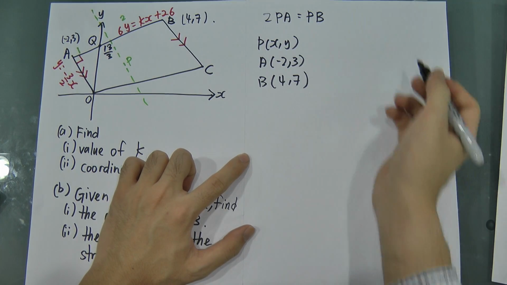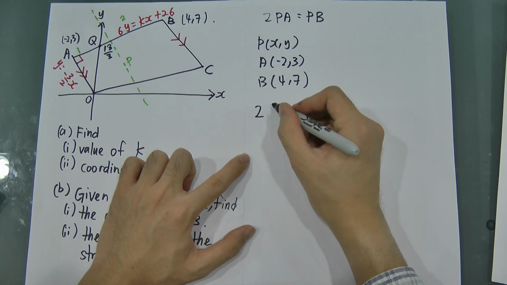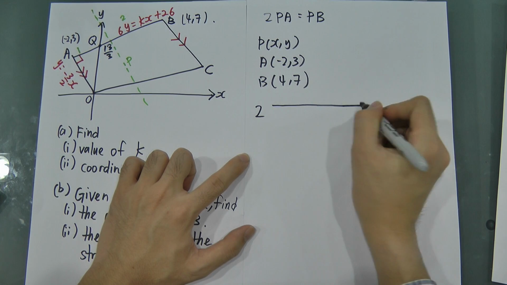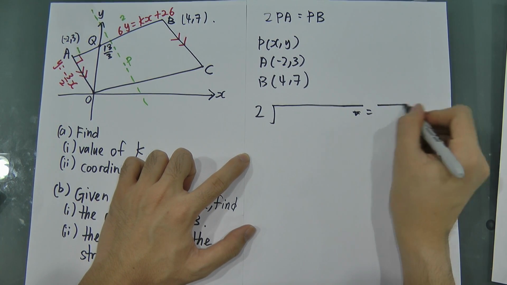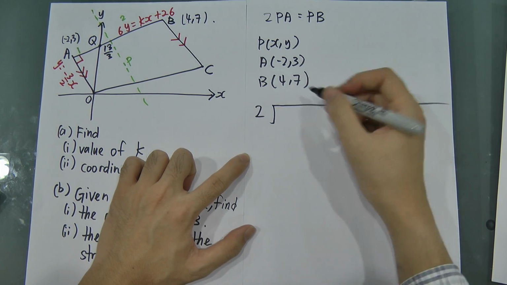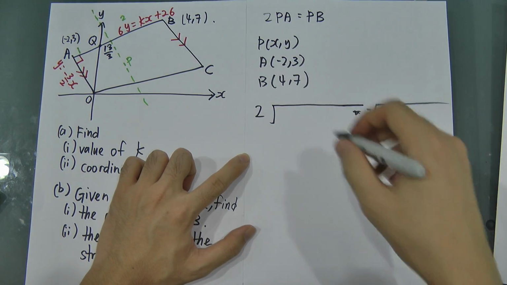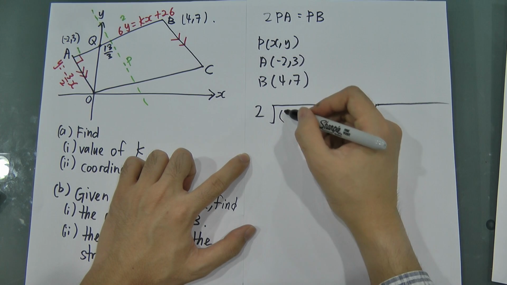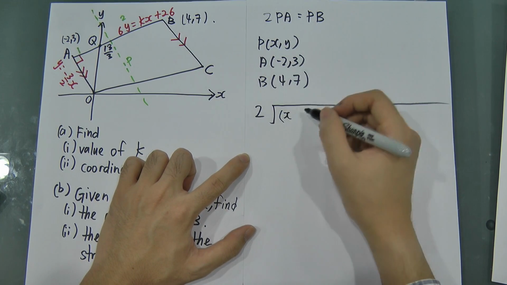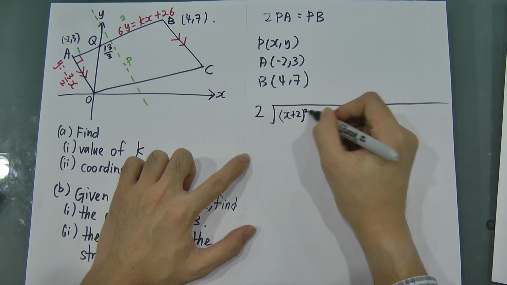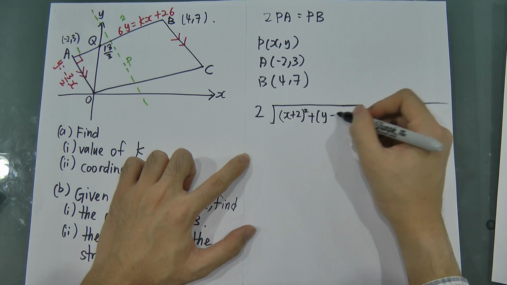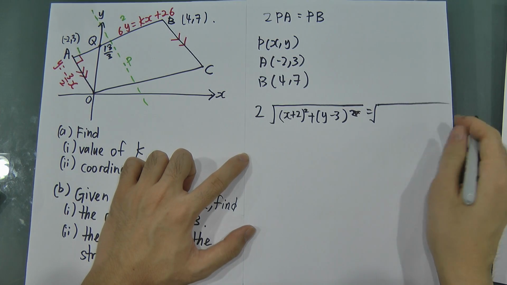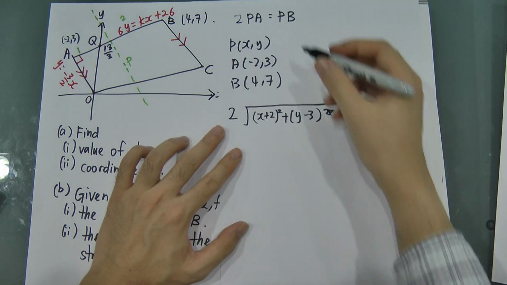Alright, I've got all this information, I can just put it in. This is the formula for 2PA equals PB. So I'm just going to substitute. For PA, x minus negative 2 will be x plus 2 squared plus y minus 3 squared. Alright, and then here will be PB.